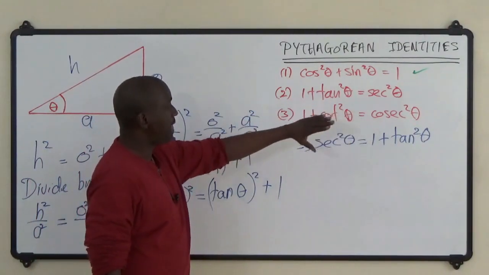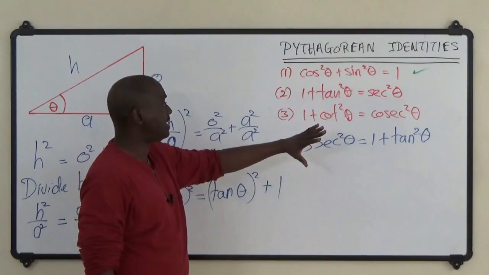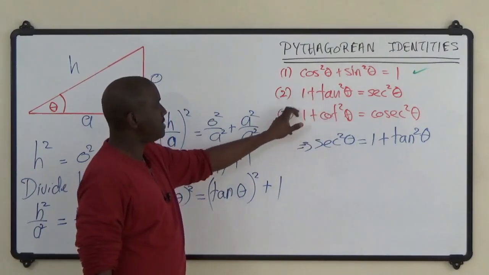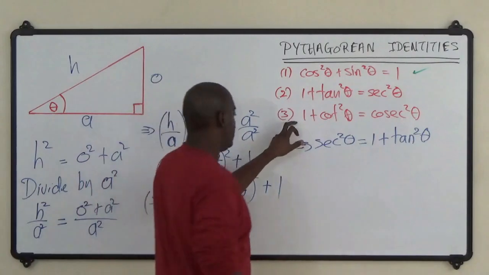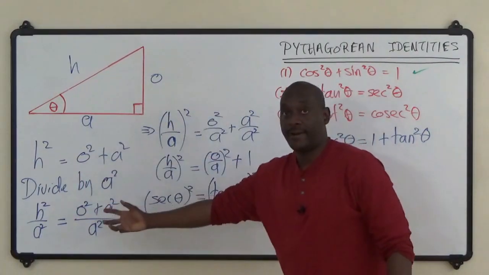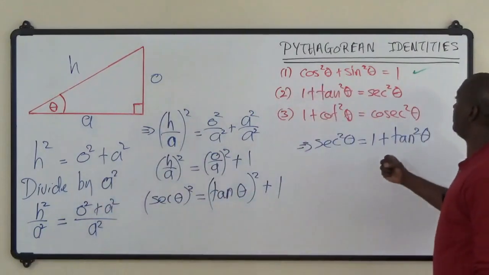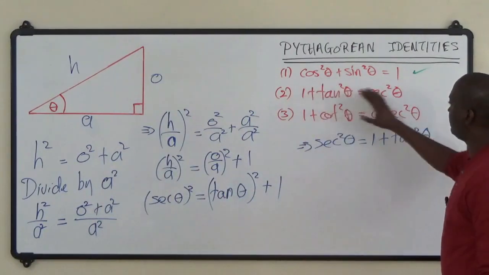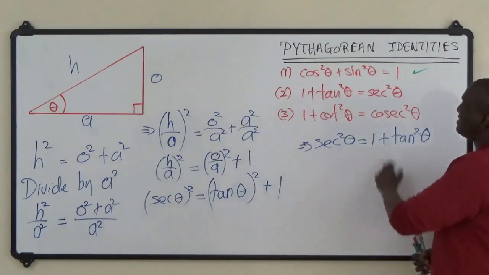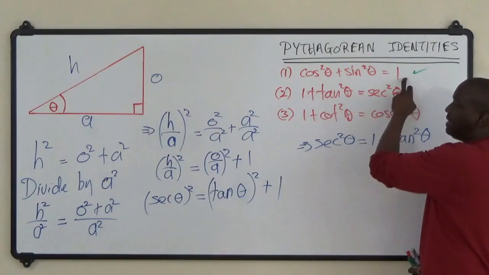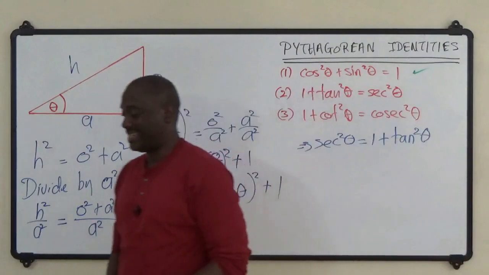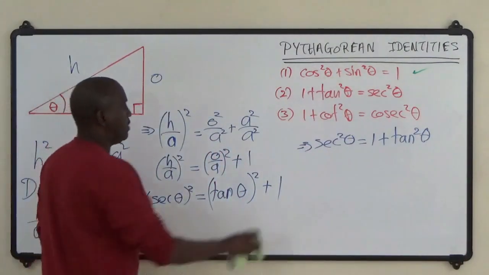So my humble suggestion is that even if you don't memorize these two, by seeing the process, you would understand that apart from this, we have something else out here as well. And if you want, you could start with this guy and divide this equation by cos squared. In fact, let me actually do it so you can see what I mean.